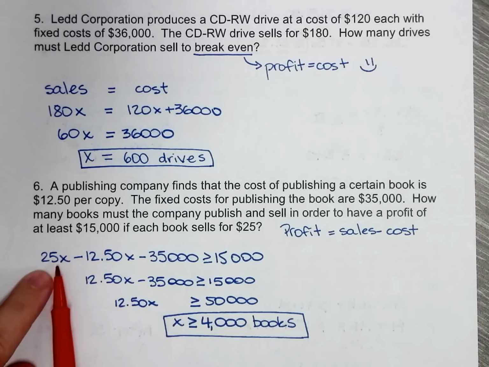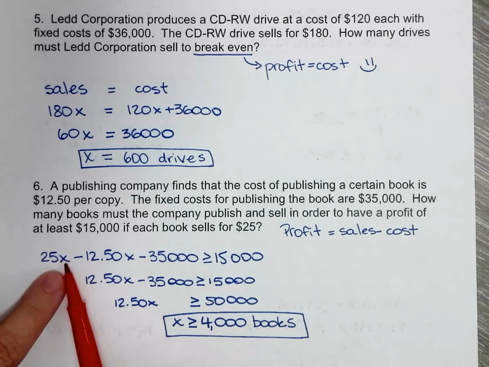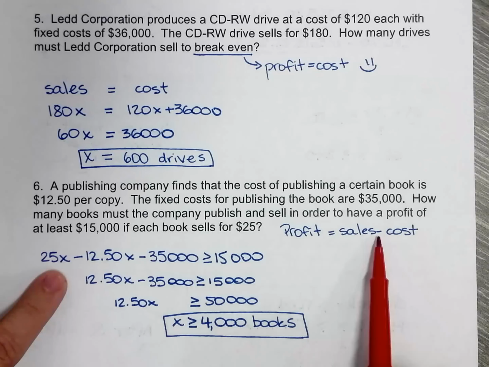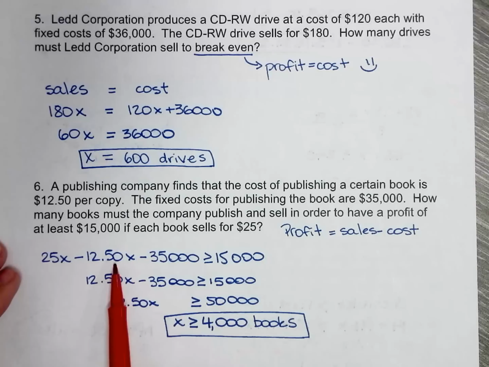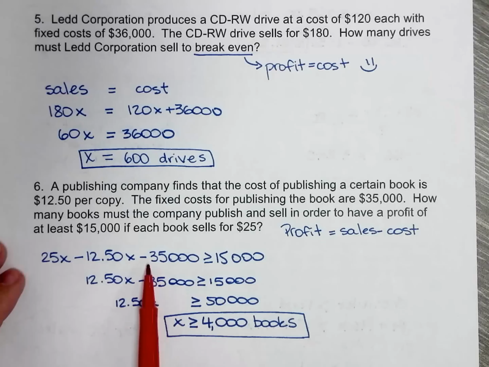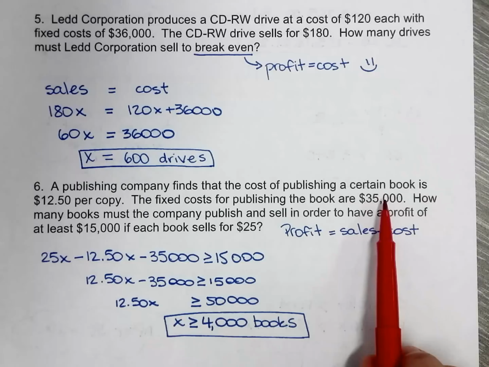So for each book I sell, I get $25, so 25x. Now the cost is the money taken away from your account: minus $12.50 per book, minus $35,000 for fixed cost, electricity, water, rent, whatever.